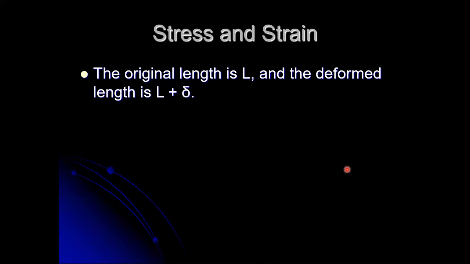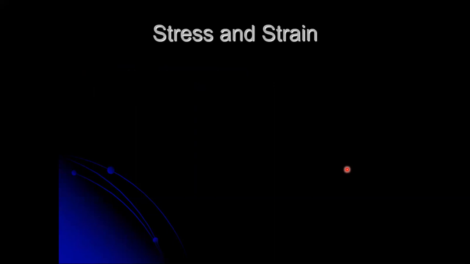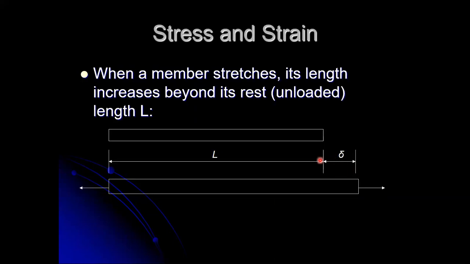We define the strain to be that elongation delta spread out over the entire length of the beam. So, in a sense, even though we could slap a tape measure on this and say, well, this, let's say, 100-inch beam is now 10 inches longer.